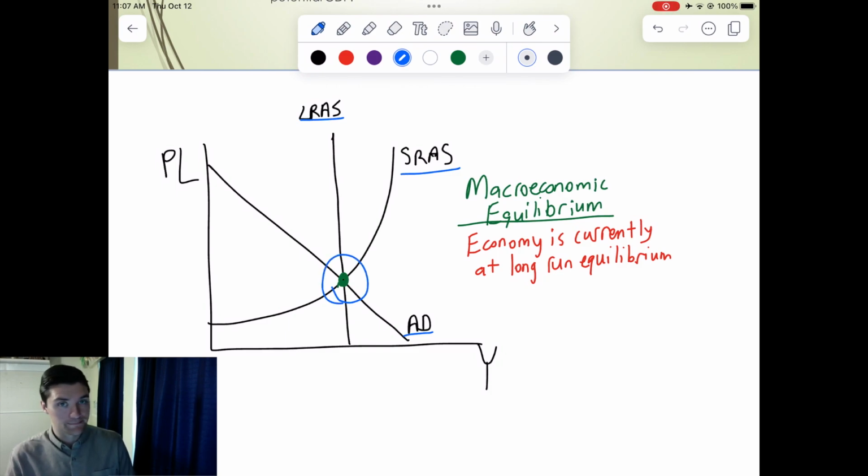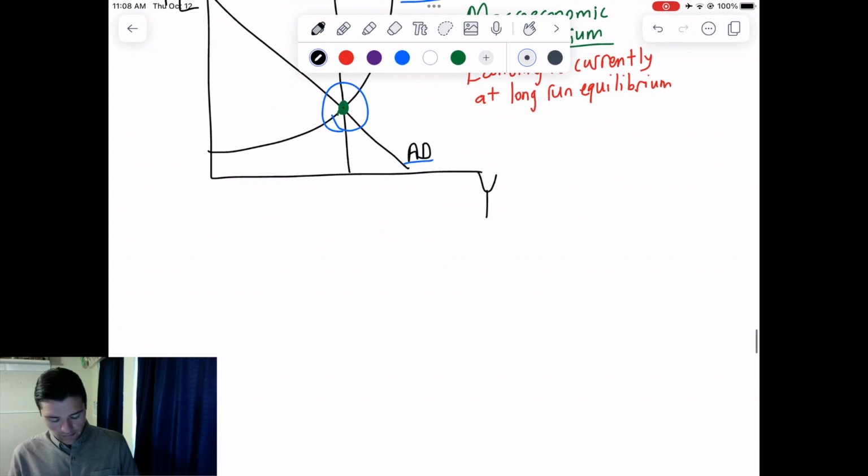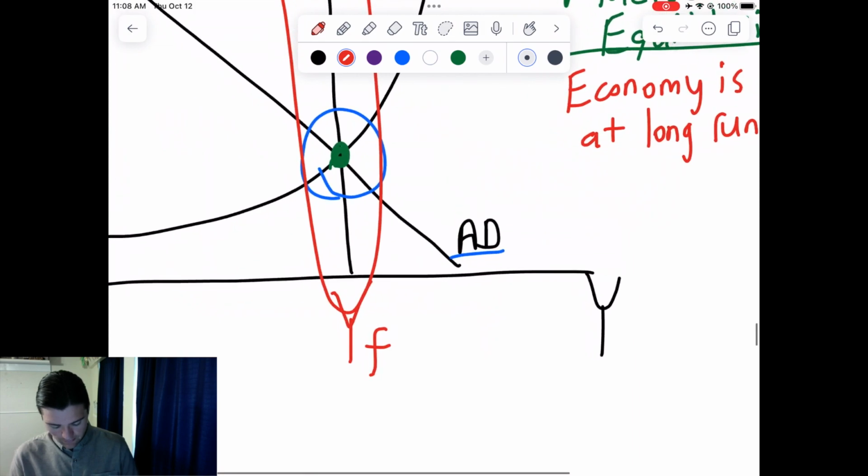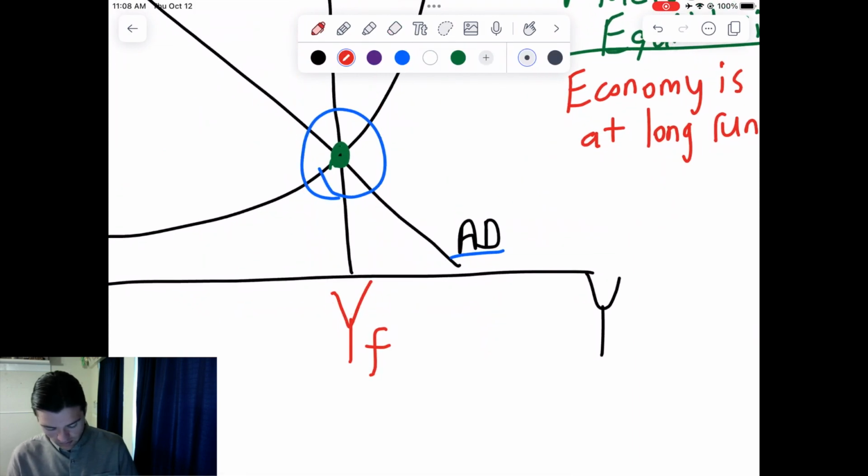They're all equal. Now, if we were to have a situation where a lot of people do not want to work, we are having a decrease in the production of goods, there is something going on to where you are not producing at your potential. Because your potential is right here, on this line, YF. This is what we call your full employment output.